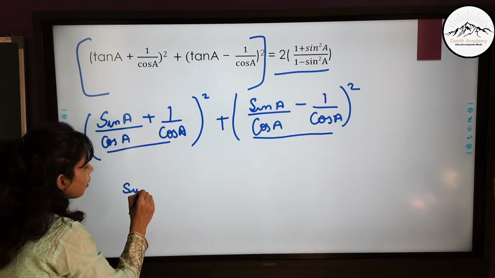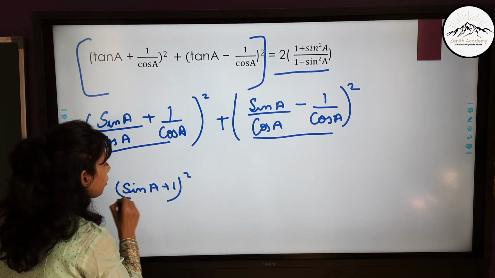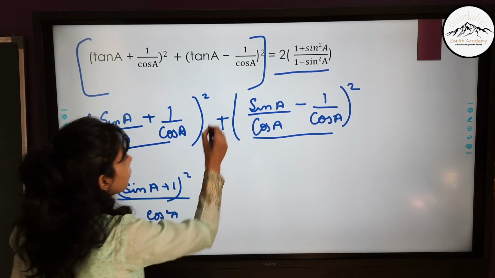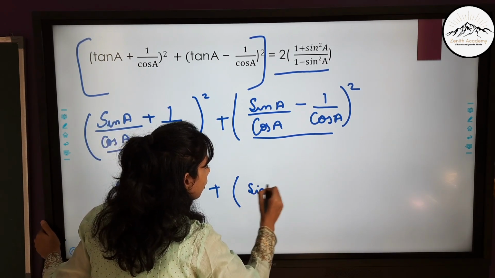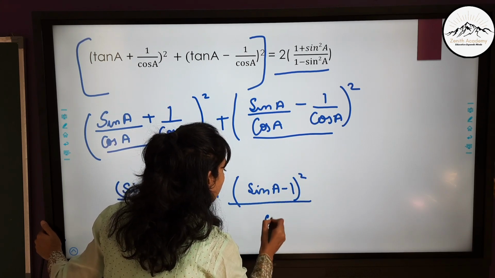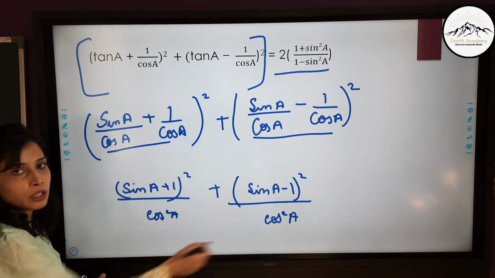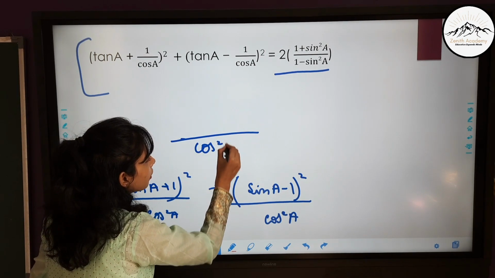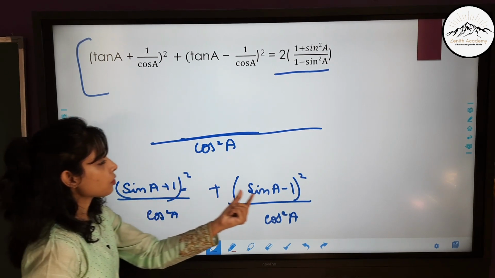So sine a plus 1 whole square upon cos square a plus sine a minus 1 whole square upon cos square a. So here the denominator is common. Cos square a, sine a plus 1 whole square.